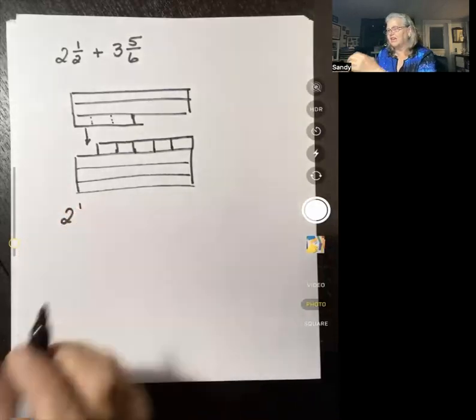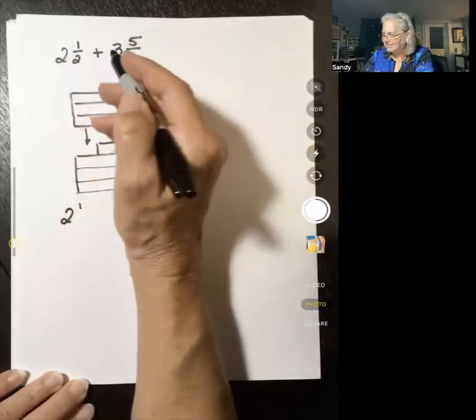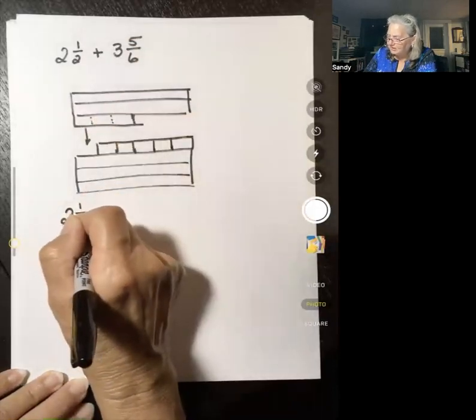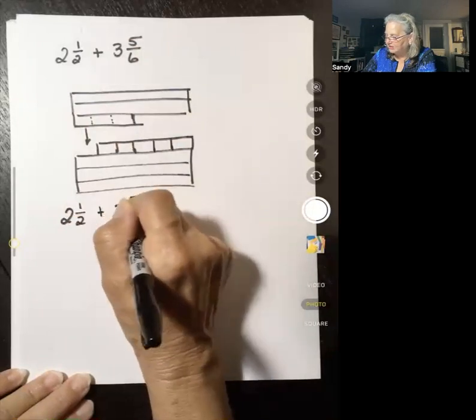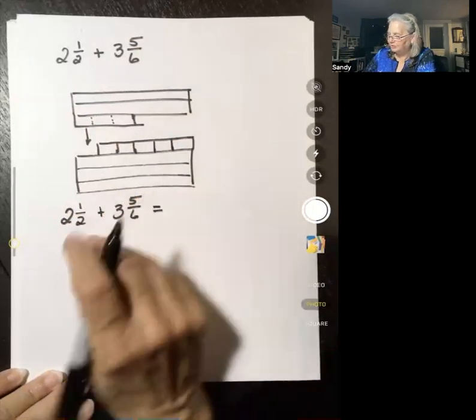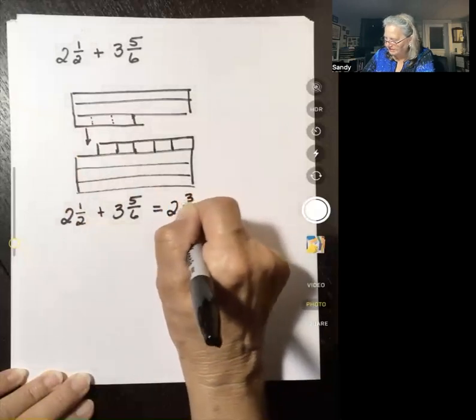And this is why we're wanting to use the imagery, because it will link to the property. Even if your child knows the rules and the algorithm for adding, this imagery will build that property of the associative property.